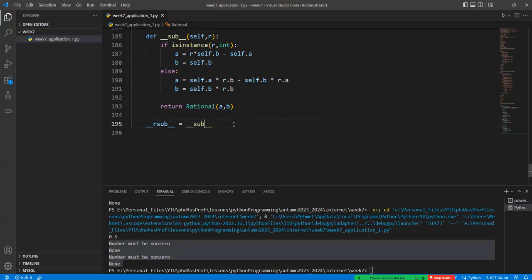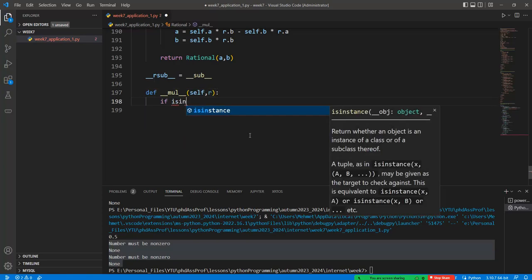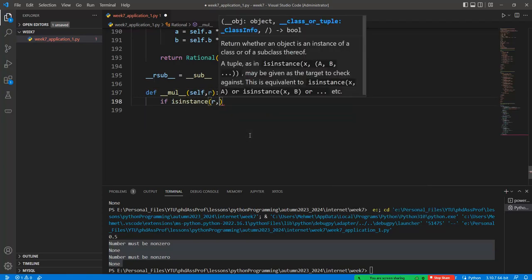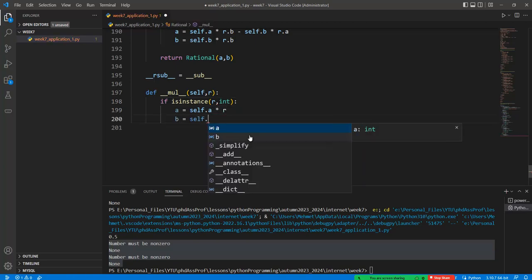Okay, so after that we should give the mul function. Self, r is given here; if isinstance r is the integer type, then a is equal to self a times r, and b is equal to self b.